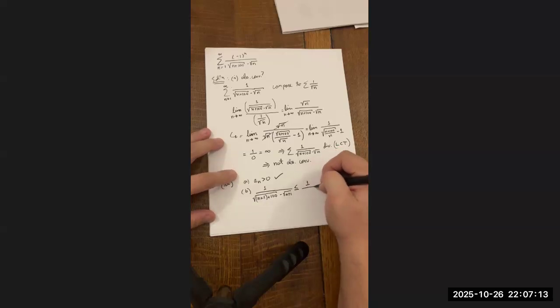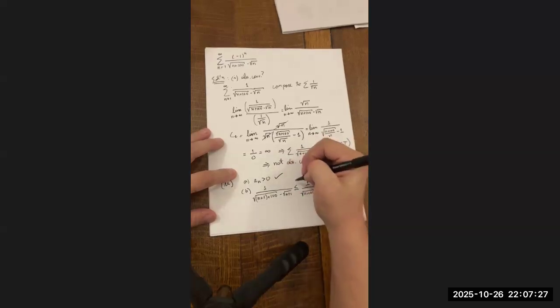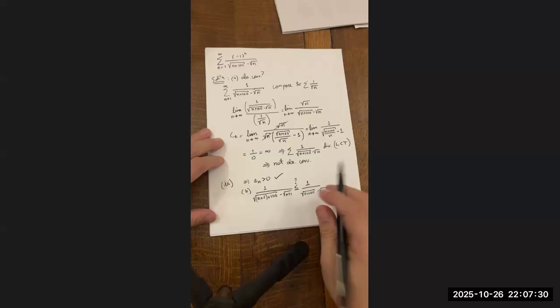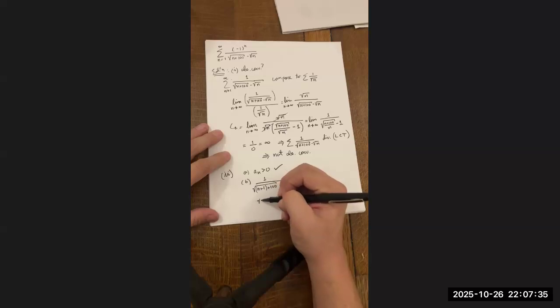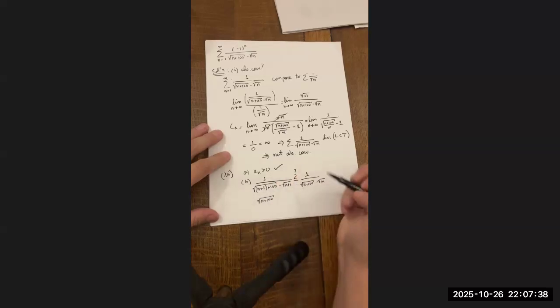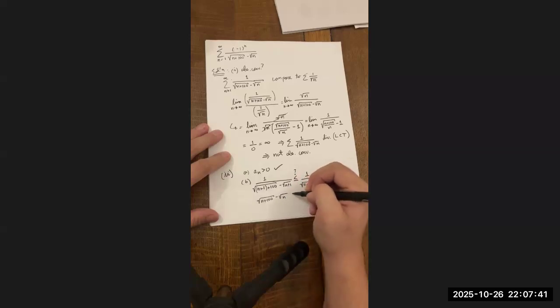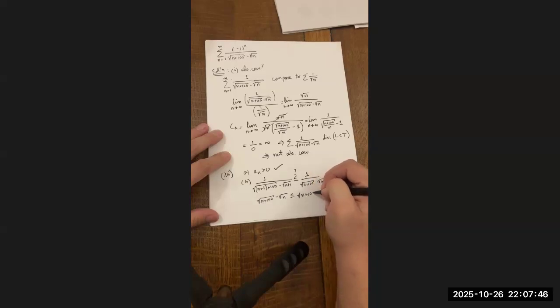So as we look at the successive terms, they should be getting smaller. So we may fail here, but we've got to take a look. So we don't know if this is true. We're checking it. So that would imply that root of n plus 100 minus root n is less than or equal to the square root of n plus 101 minus root of n plus 1.